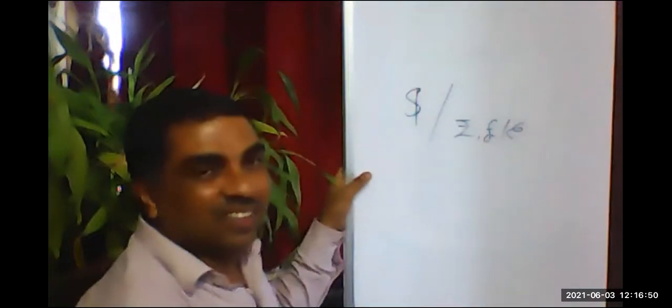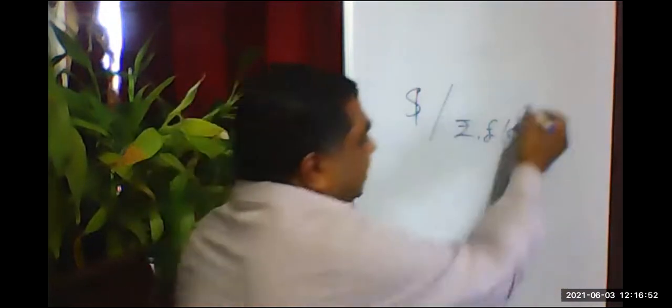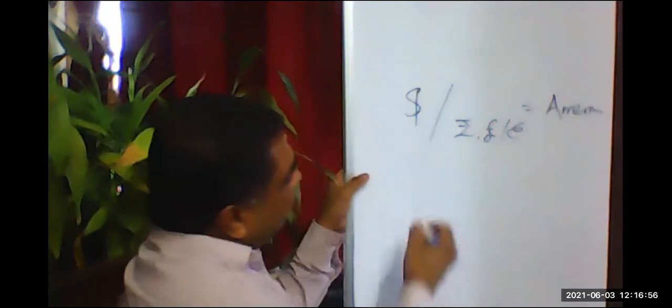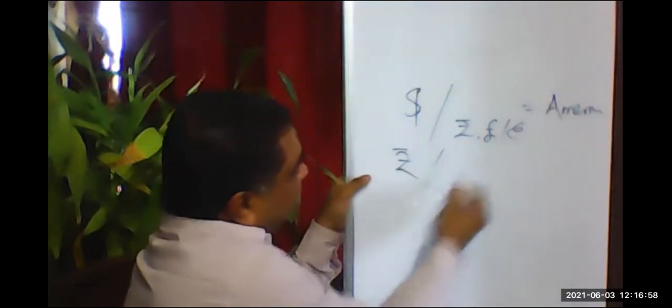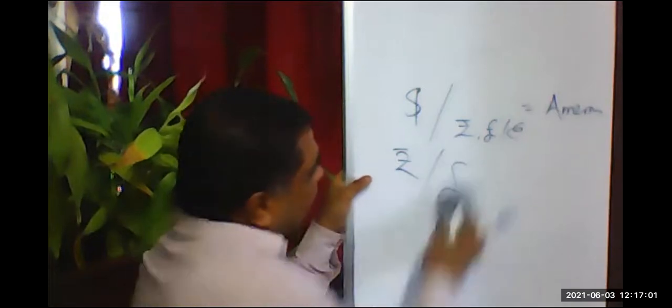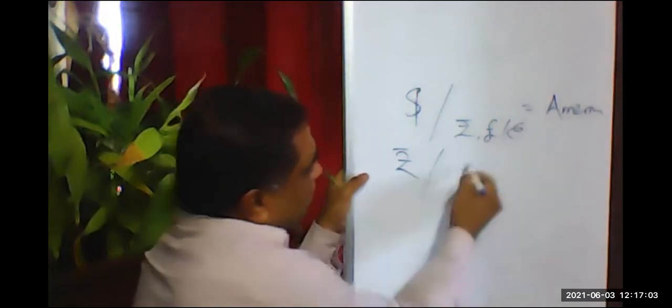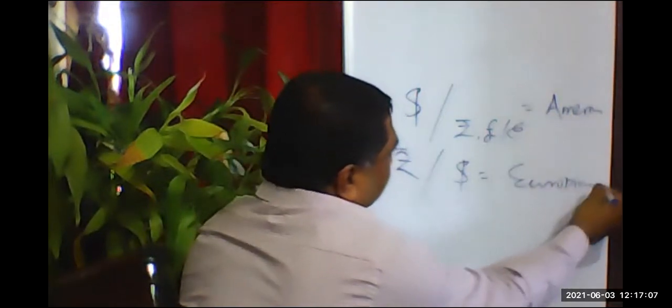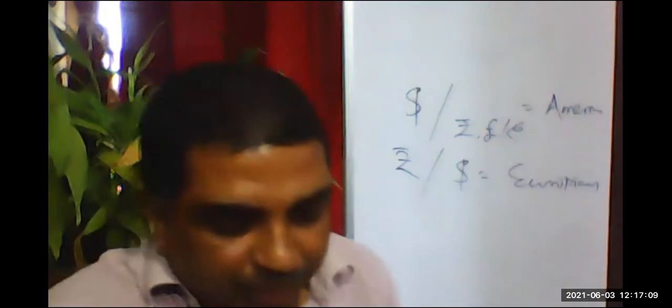Dollar by something, this is American. If I say something by dollar, then this is European. And people prefer European quotes.